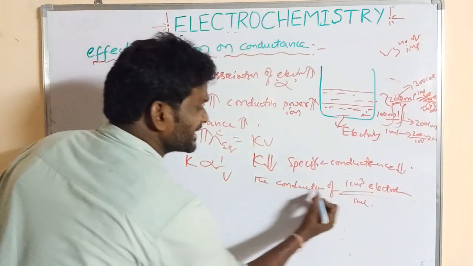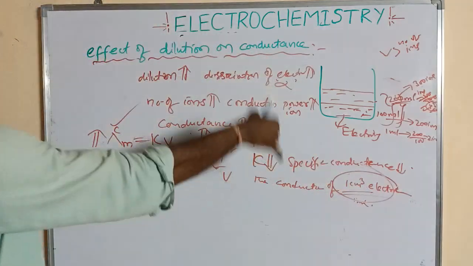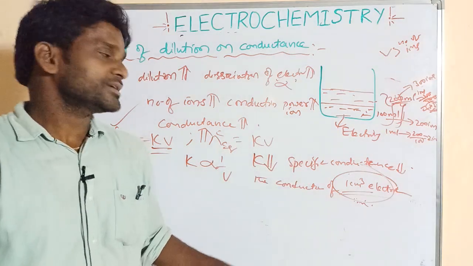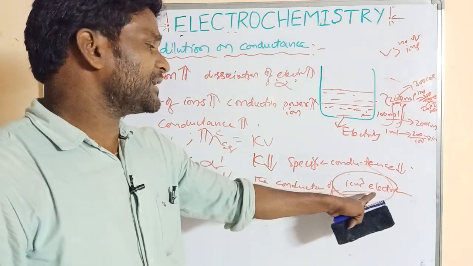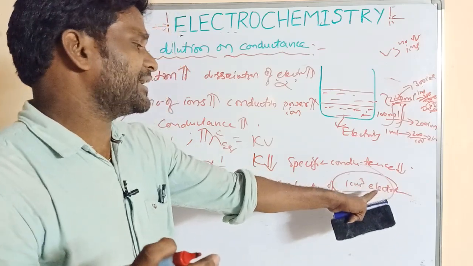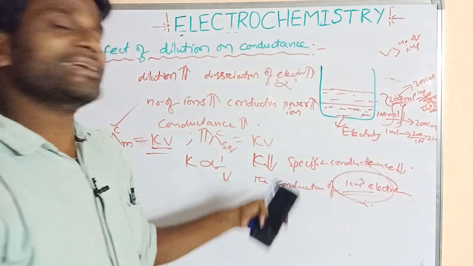So what is that? The conductance of 1 centimeter cube of electrolyte is said to be conductivity or specific conductance. In 1 centimeter cube volume of electrolyte, the number of ions decreases. That means its conductance decreases.